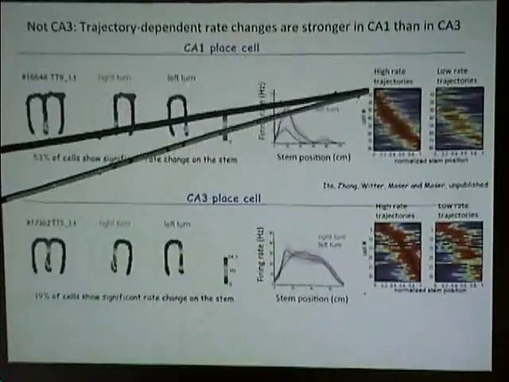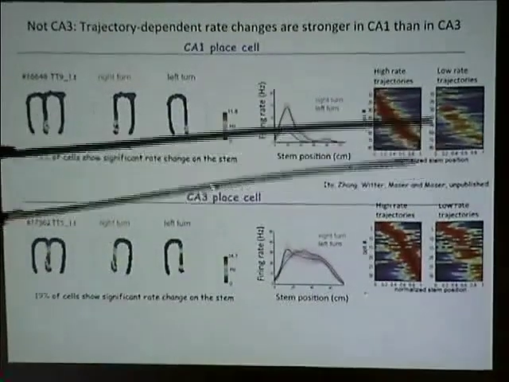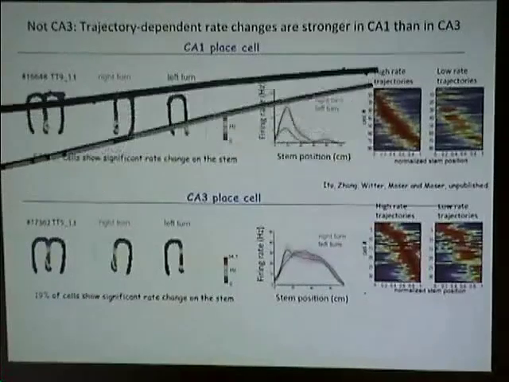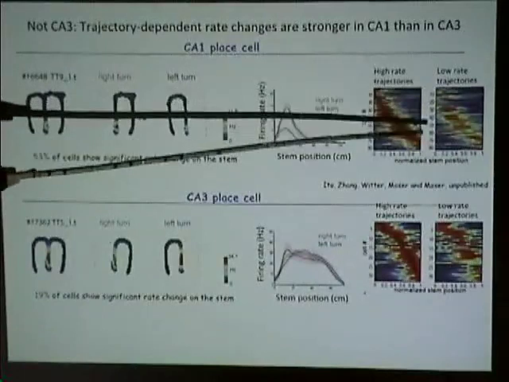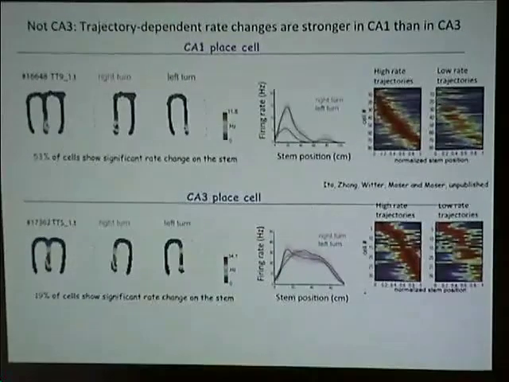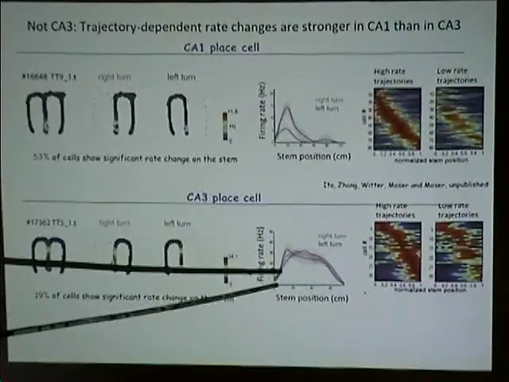And it's just shown here for all the cells. So this is position on the stem, firing rate is color-coded, and this is the high rate trajectory, and this is the low rate trajectory, so you see a clear difference in CA1. But in CA3, this is much weaker, as you can see here.